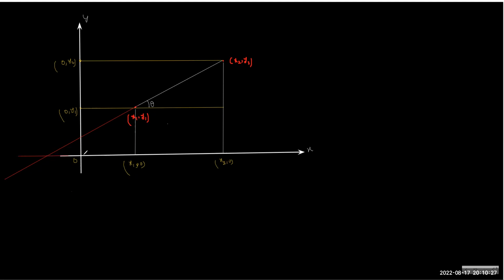We define the slope by taking the tan of the angle made with the positive x-axis. So luckily this is theta because of the corresponding angle relation.